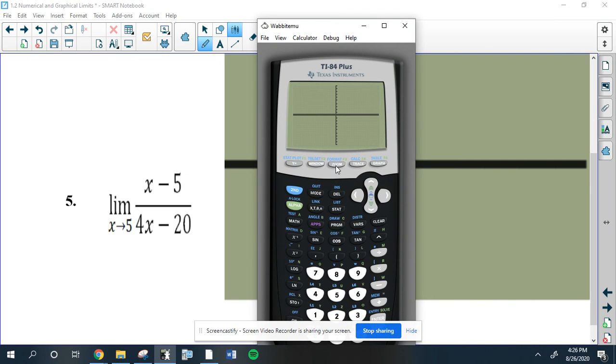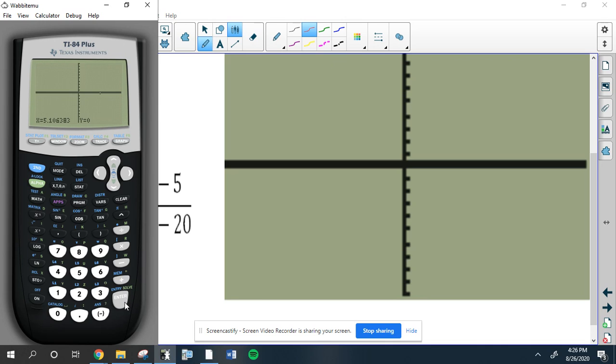So I'm going to go to my calculator and hit zoom, 2 for zoom in, and now before I hit enter again, I'm going to scroll over until I get to about x equals 5, which is right here. Hit enter, and there it is.